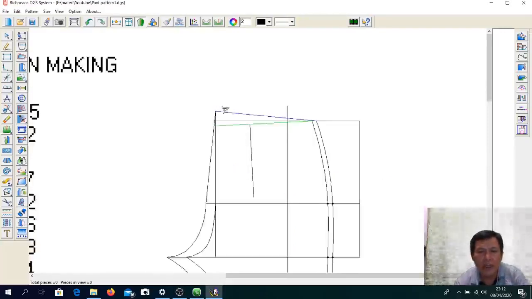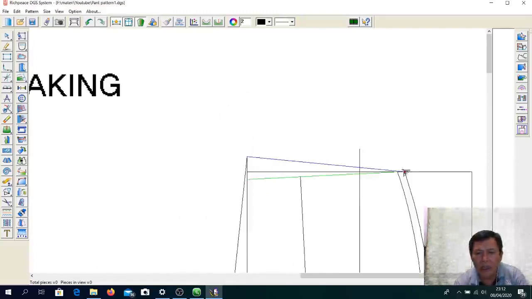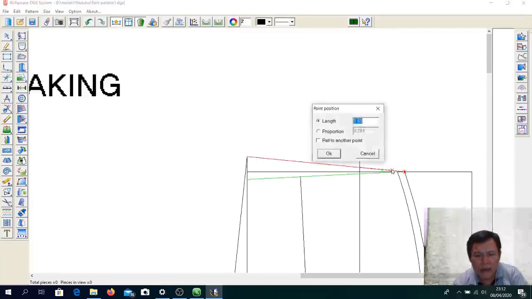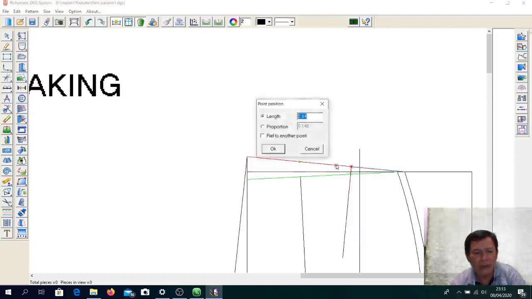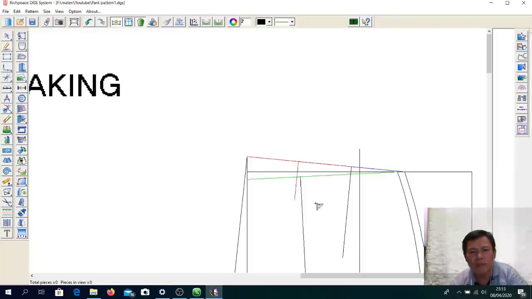Enter. And this is from the back, this is 7 also. Okay, but for the back dart the length is 12, and then we do the same thing here, 7 cm.